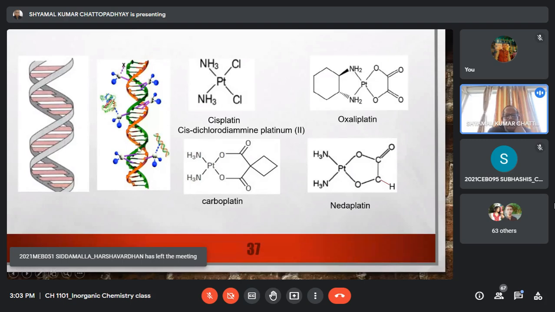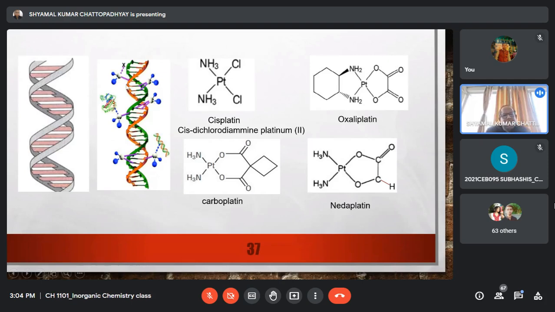Sometimes one helix is also called a strand. So it is a double-stranded DNA. One helical strand is marked with green color, and the other helical strand is amber color. And then we have shown the different modes of attachment of a metal complex to the DNA.